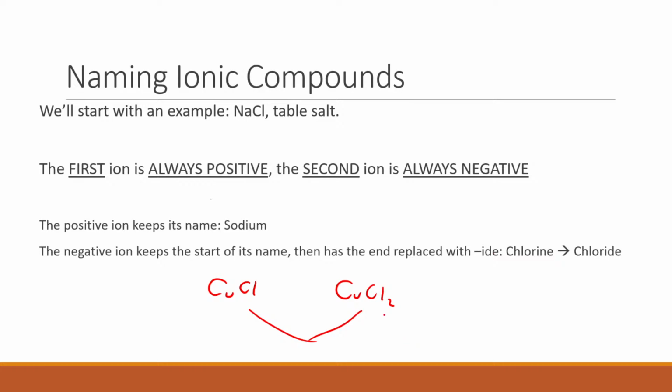And we don't like that. We don't want two different things to have the same name. We would much rather have two different names because they are two different things. And that's actually going to lead us to start talking about the idea of multiple different oxidation states.